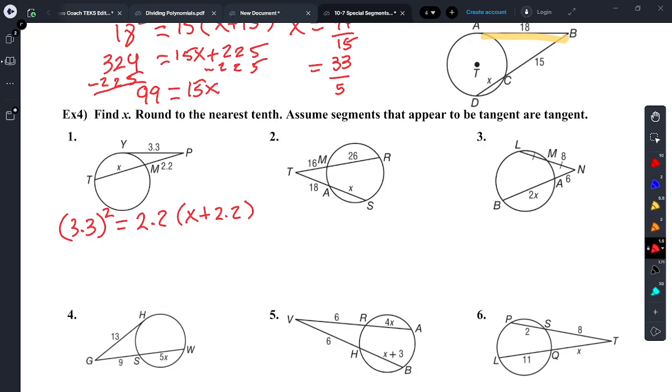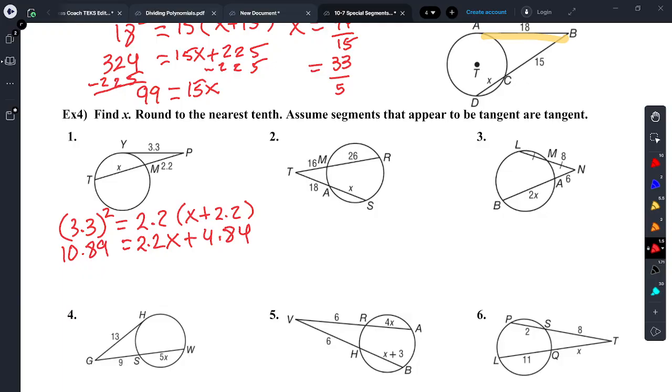I'll distribute it. There's probably a better way to do this, but 2.2x plus 4.84. That's 2.2 squared. And 3.3 squared is going to be 10.89.